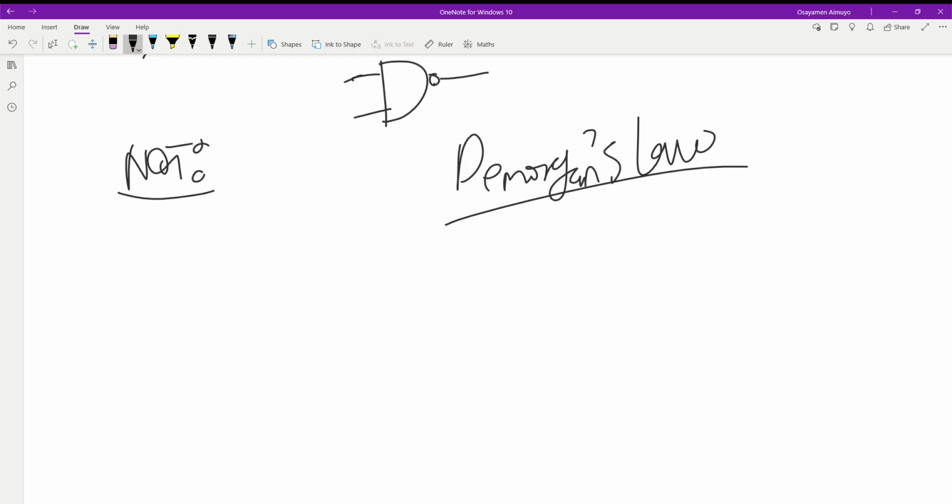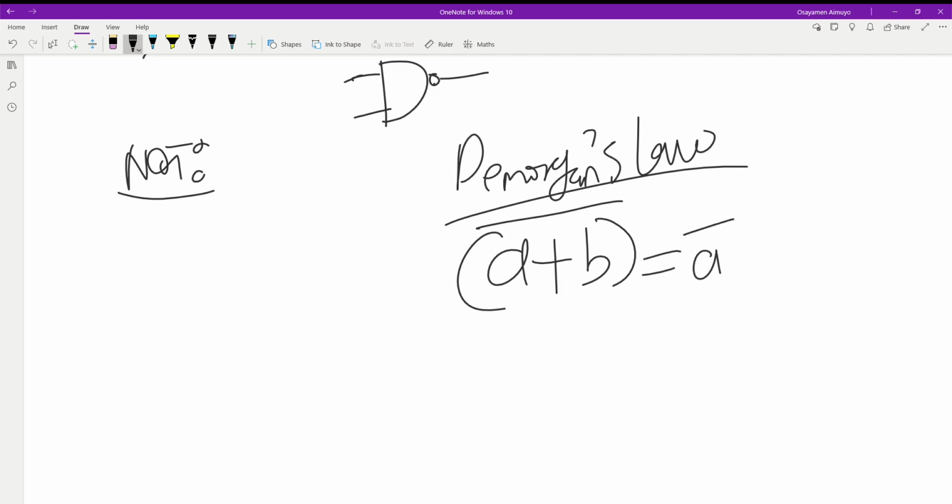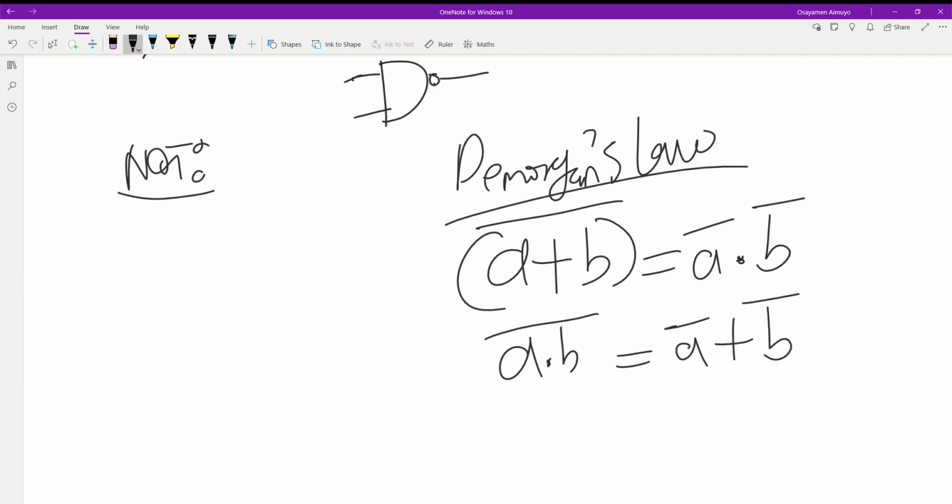So for De Morgan's law, we have that (A or B) bar is equal to A bar and B bar, right? And (A and B) bar is equal to A bar or B bar, right?